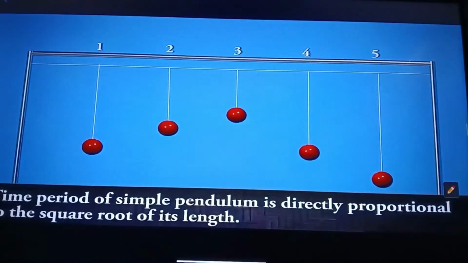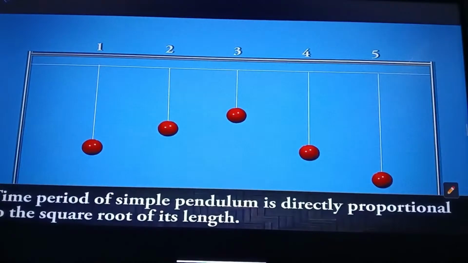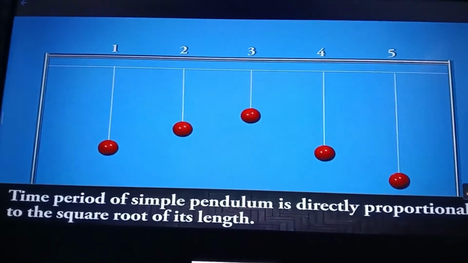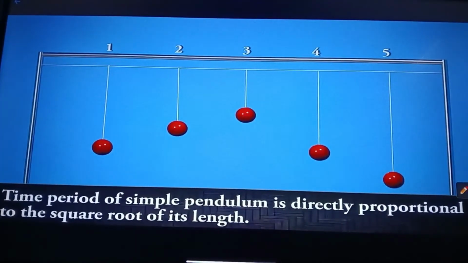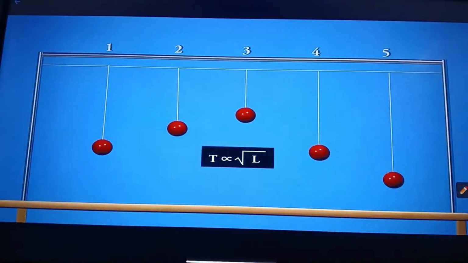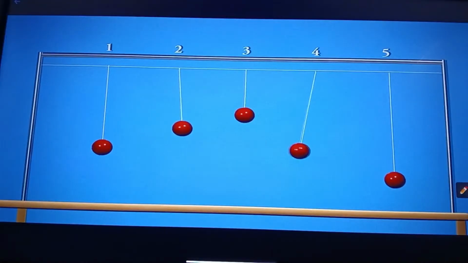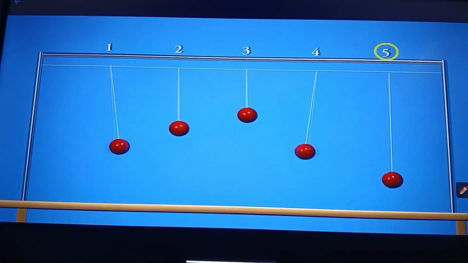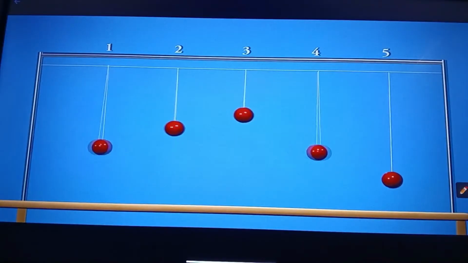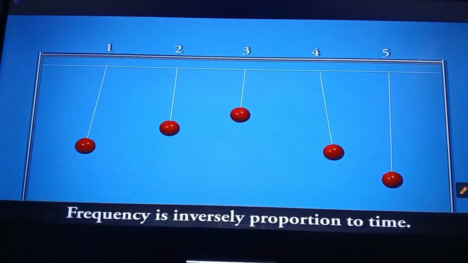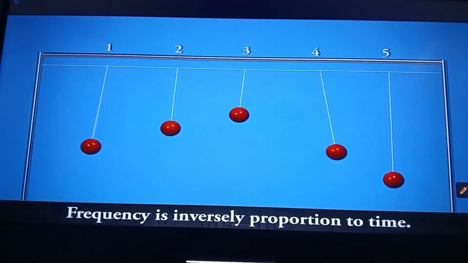Time period of a simple pendulum is directly proportional to the square root of its length. T is proportional to root L, and nu is equal to 1 upon T. Longer pendulums will have lower frequencies, since frequency is inversely proportional to time.